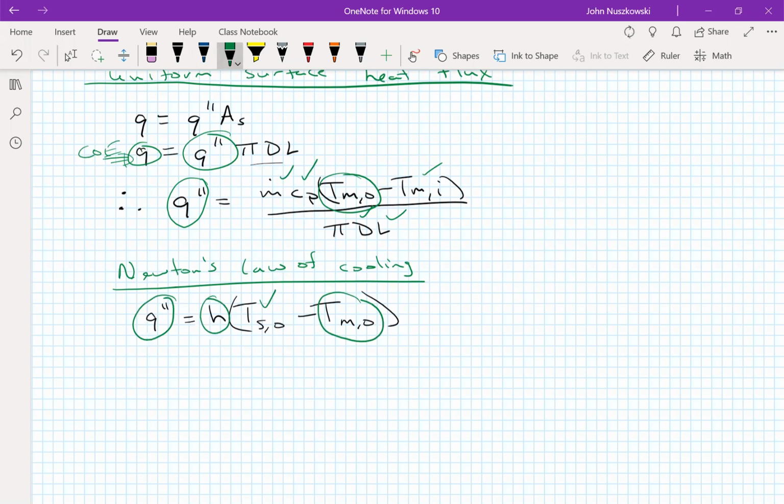We don't have the convection coefficient or the heat flux, right? But if we utilize these two equations together and set them equal, the only unknowns we have are the outlet and the convection coefficient, right?